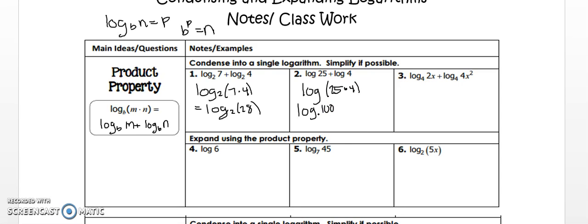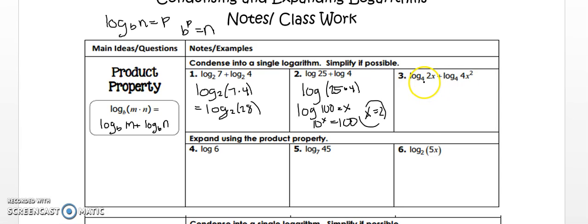Well, this is base 10, so that means 10 raised to some power is 100. If I make this equal to x, well, 10 to some power is 100. Well, 10 squared, so x is 2.